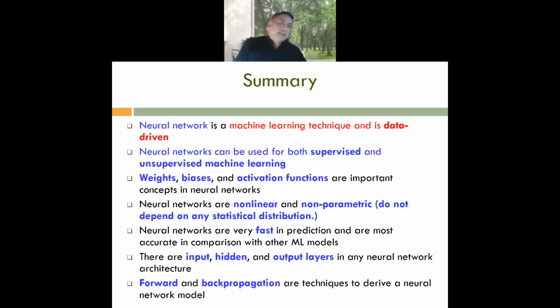Okay, so from this example, we know that we can perform regression and also classification, or categorical values. We can do both. One of the most important parts is the weight, bias, and activation function. So you have to know this.